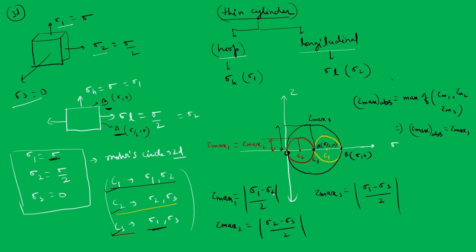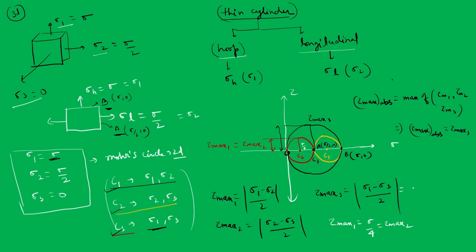So what will be tau max 1? Sigma 1 is sigma and sigma 2 is sigma by 2. So sigma minus sigma by 2, that would be sigma by 4, and this will be equal to tau max 2. So this particular value will be equal to sigma by 4.